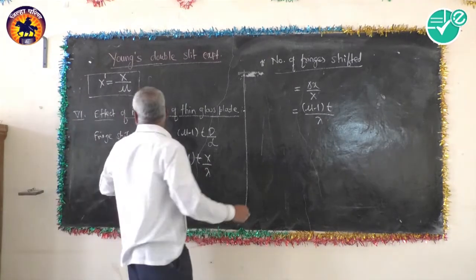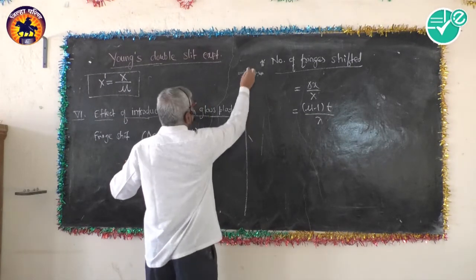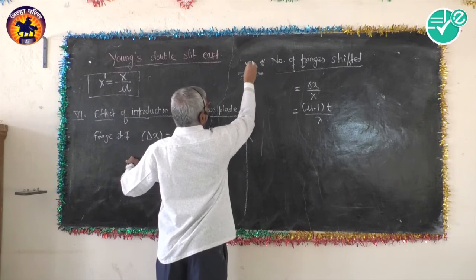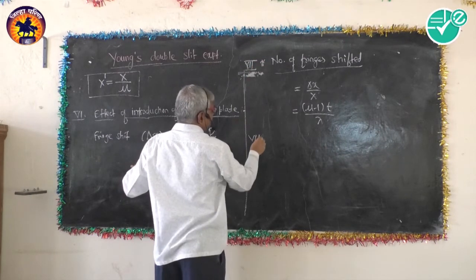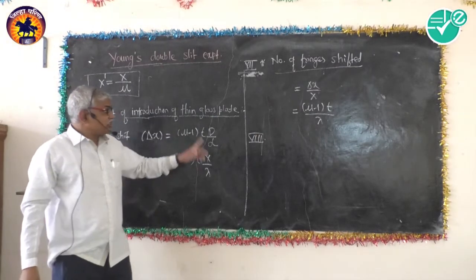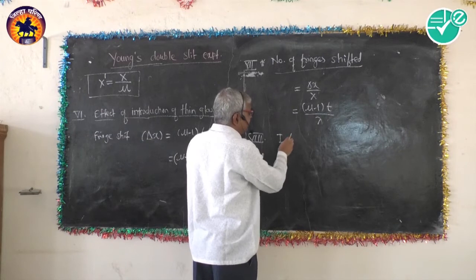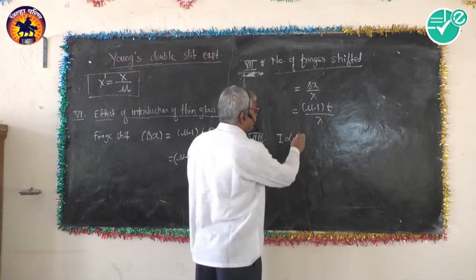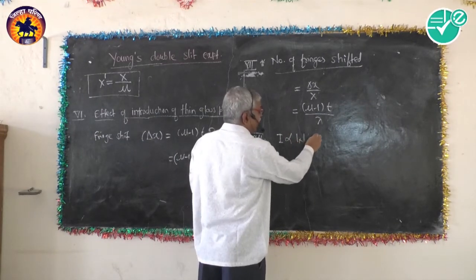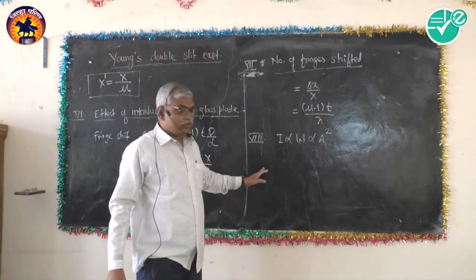And last formula, that is number 8. Formula number 8 for this experiment is the general formula, that is intensity is directly proportional to width of this plate, and which is directly proportional to square of amplitude.